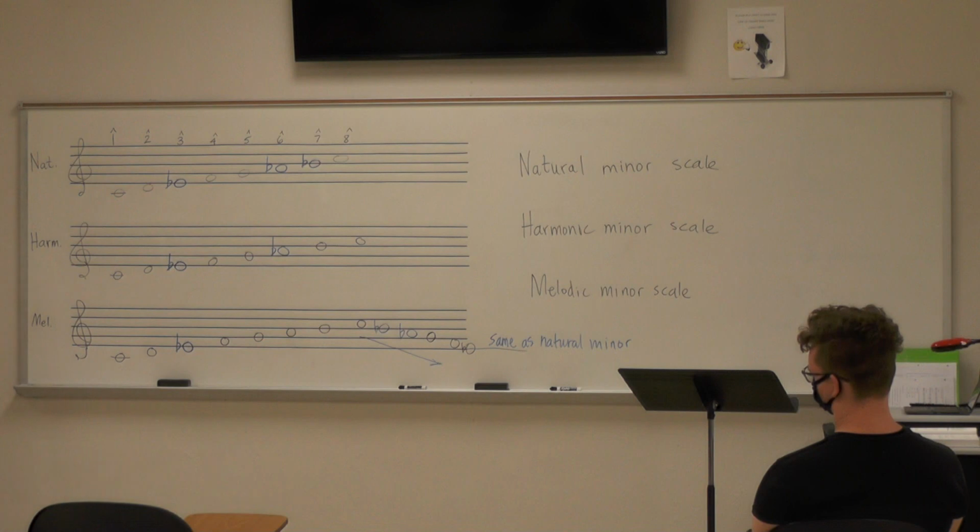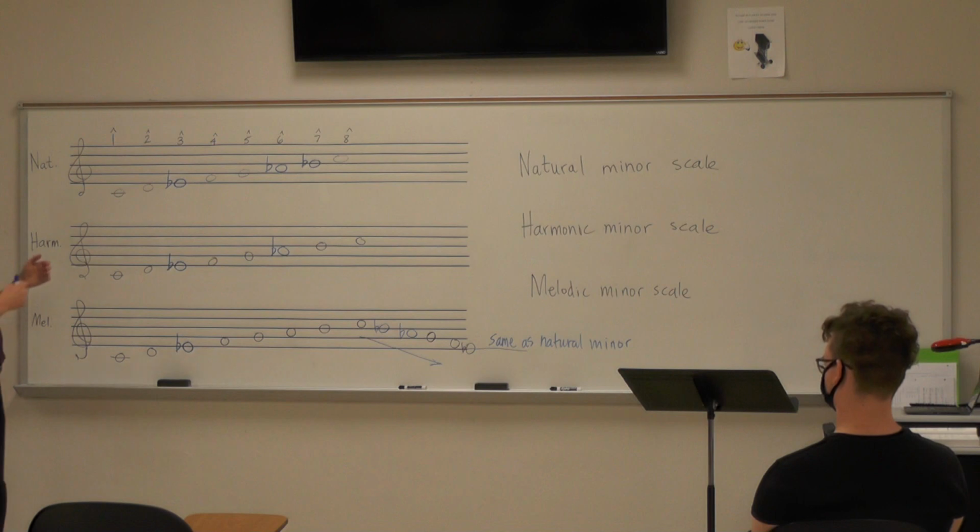Okay, so now we should have ways to spell the three versions of the minor scale starting on any pitch. My recommendation and approach for this is to start with spelling a major scale on that pitch, whatever it is, and then make the necessary adjustments to convert it to either natural minor, harmonic minor, or melodic minor.